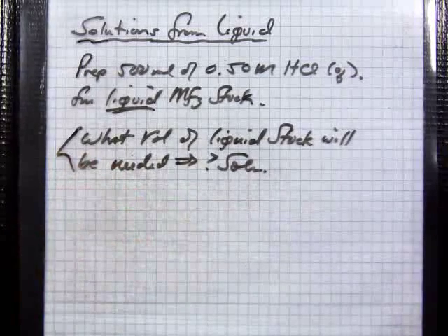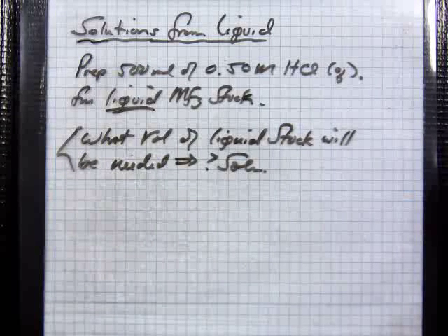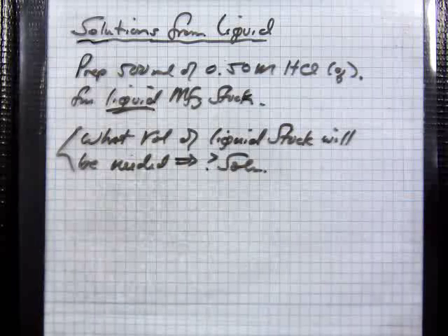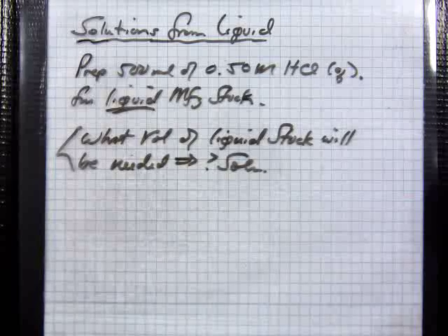So that's the central question that you're asking. In the solid manufactured stock, it is what mass do you put in the beaker? Here, what volume do you need to extract and then dilute to the needed total volume?